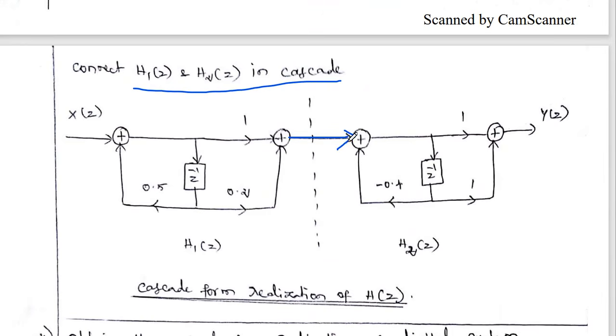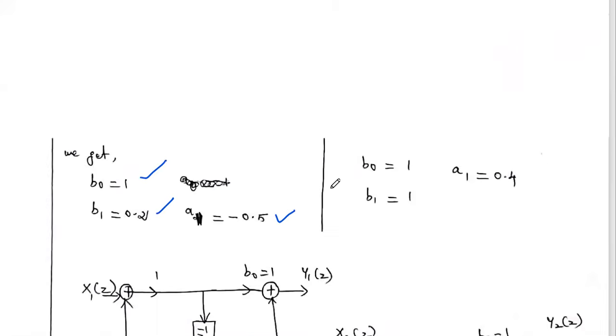You just connect like this, that's all. The input to the first system is capital X of Z, and the output obtained from the second system is our original output Y of Z. So this is said to be the cascade form realization of this H of Z.